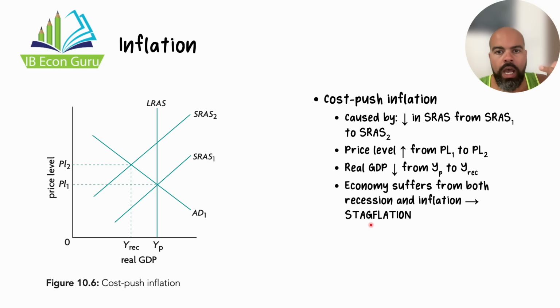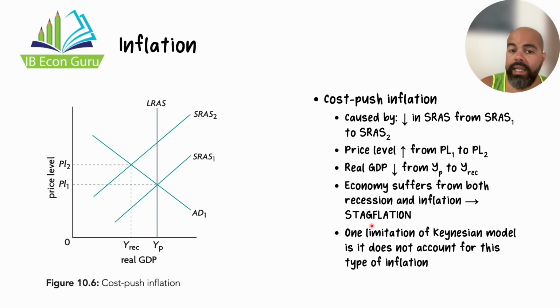Workers are striking and demanding higher wages. Maybe there's a sudden rise in the minimum wage. All of these things, higher energy prices, higher raw material prices, all of these things that would raise costs of production across the whole economy would cause SRAS to shift to the left and therefore cause stagflation, which is a combination of cost push inflation and a recession.